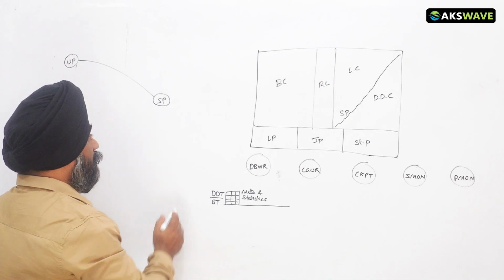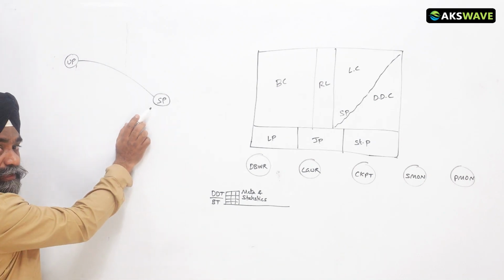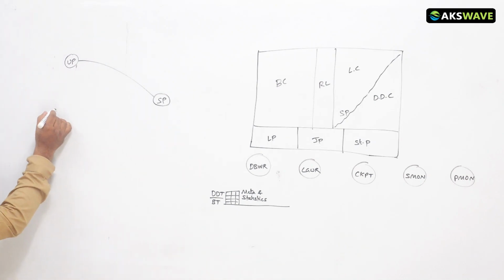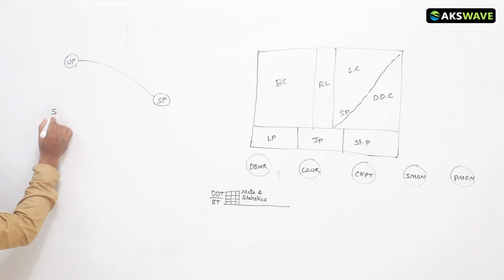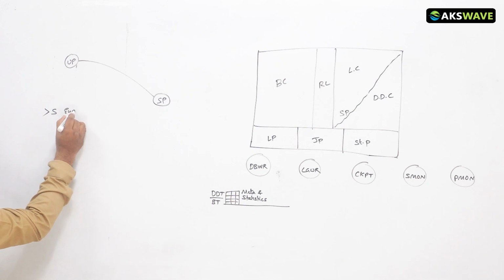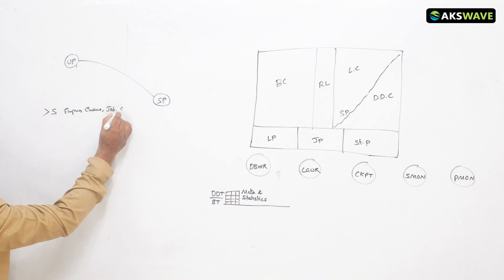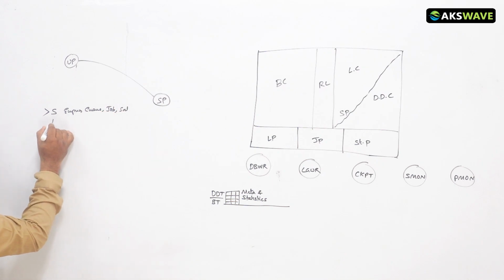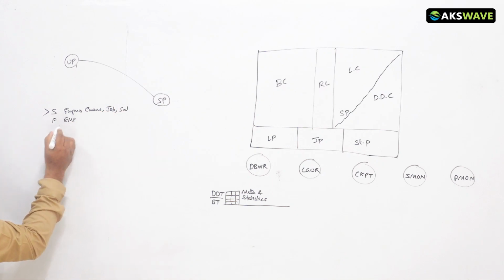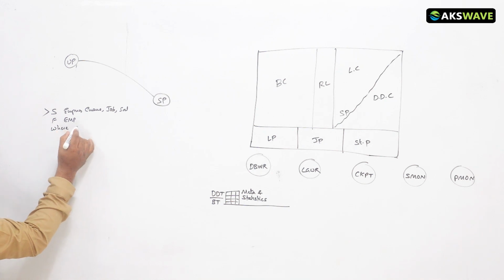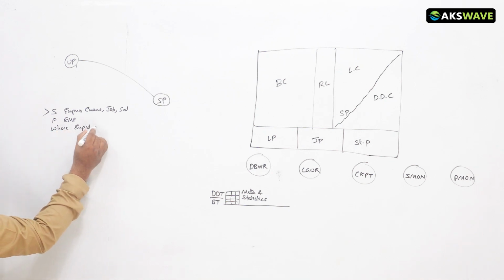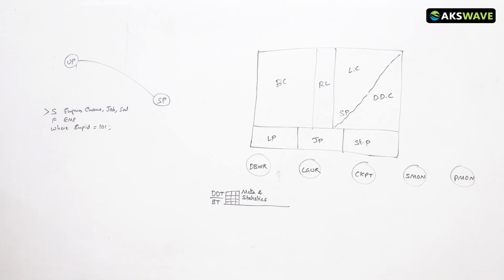Whenever you submit your query, for example, select, I'm not writing the complete syntax, please follow me. Select employee number, name, comma job, comma sal, from EMP, where employee ID equal to 101.